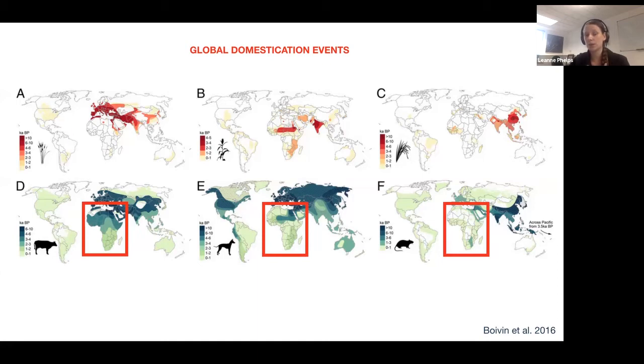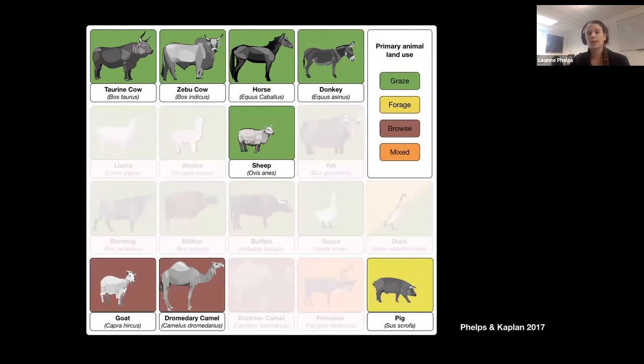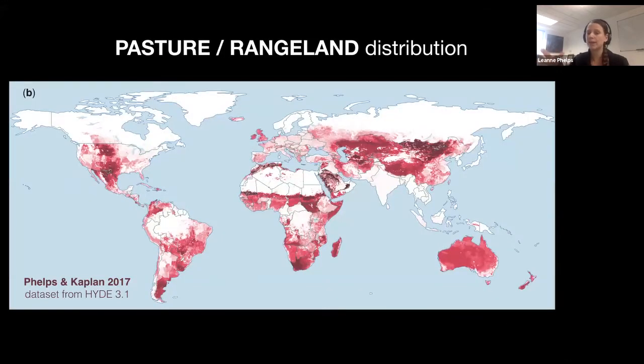A lot of the work that I've personally focused on has to do with reconstructing animal production, which involves many different domesticated animals. But since I'm focusing on Africa in particular, this will include a subset of those domestic animals. So why do we care about domestic animal production?